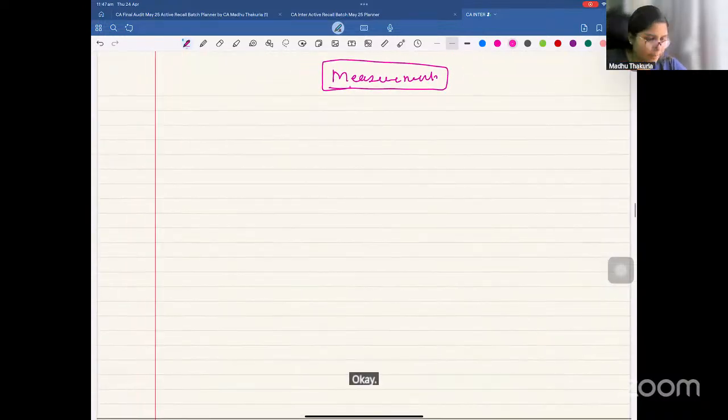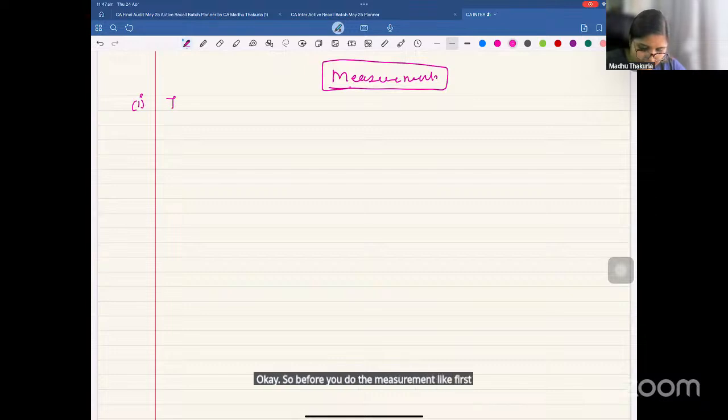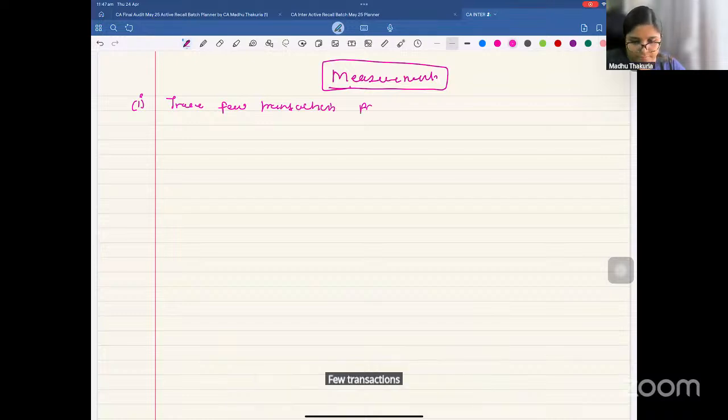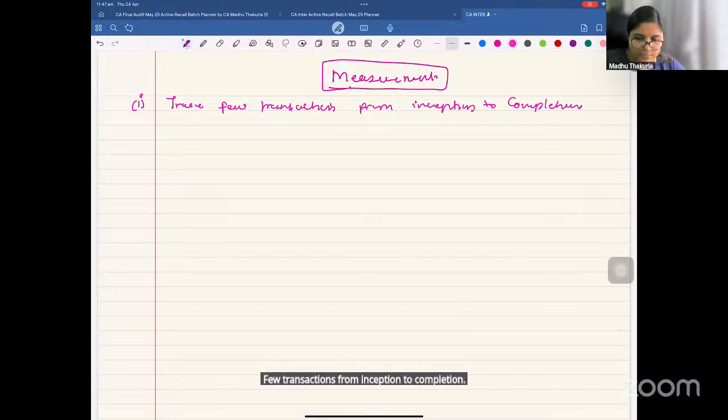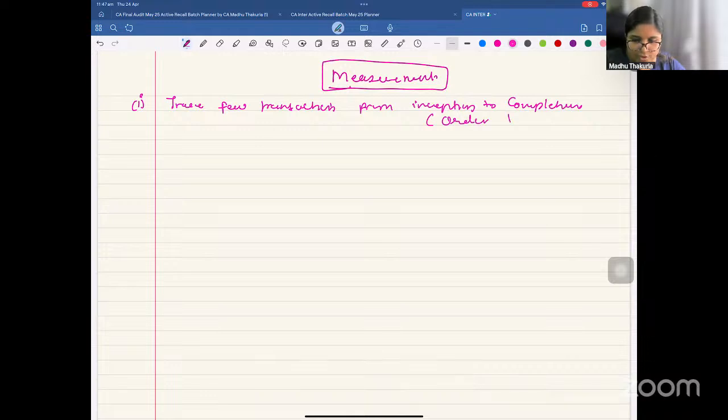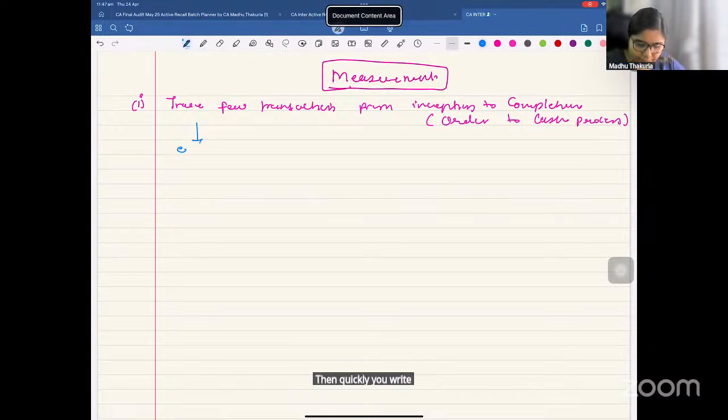So before you do the measurement, first trace a few transactions from inception to completion. That is the order to cash process. Then quickly you write an example.